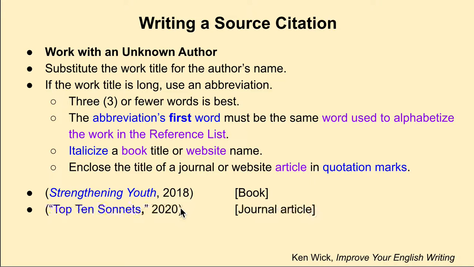If you had a journal article, you would enclose it in quotation marks like "The Top 10 Sonnets," with the comma inside the closing quotation marks, and then the publication year. That's how you would handle a work with an unknown author.